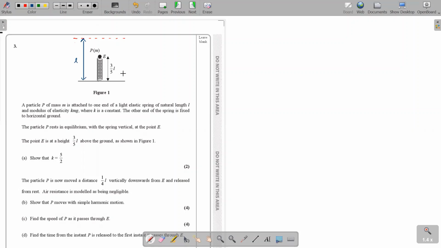You can see L minus 3/5L is the distance it has displaced from the natural length. This is 2/5L.